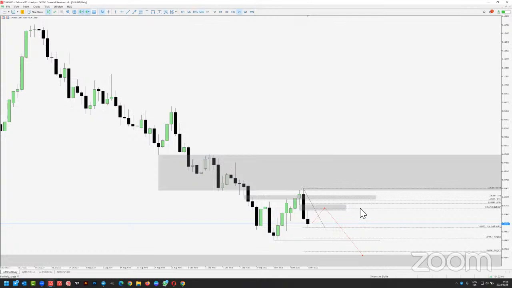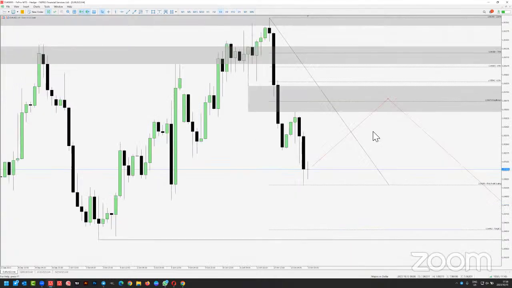We've got our premium range above 1.056 all the way to OTE at 1.05965. That's our premium zone, where we are going to be hunting for shorting opportunities anywhere between 1.05670 and 1.05965.